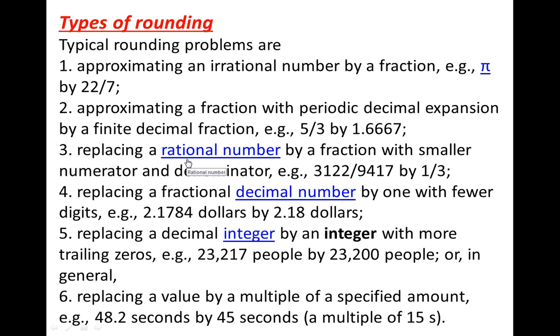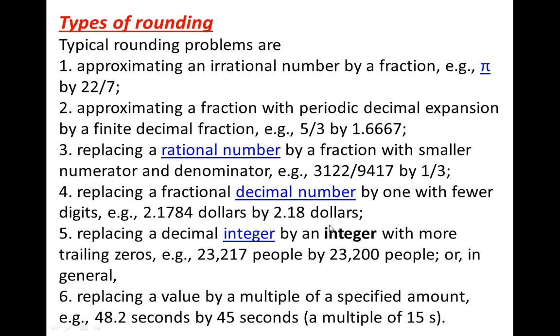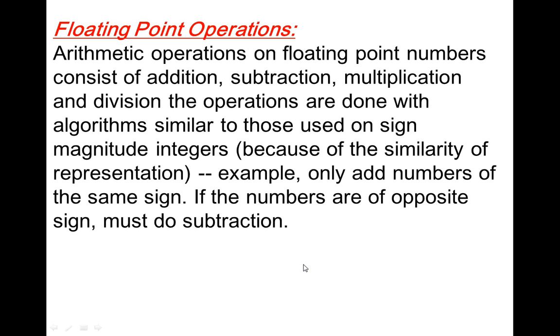Another error is when we replace a rational number by a fraction, for example 3122 by 9417 as 1 by 3. This also gives an error. Next, replacing a decimal number by one with fewer digits, that is 2.1784 by 2.18. These are the multiple errors that we face when using the rounding function.